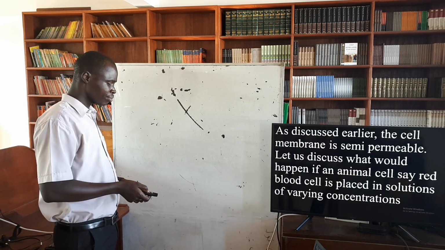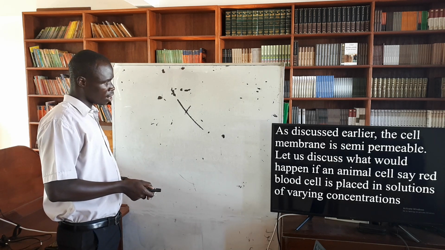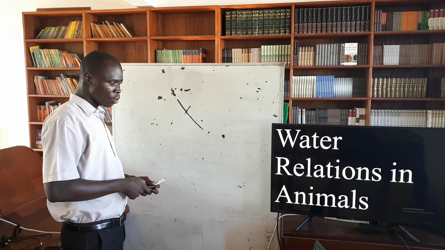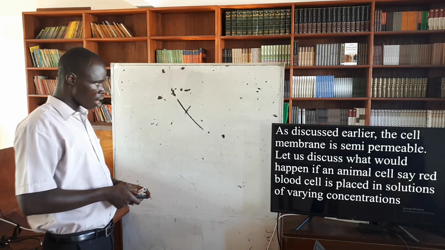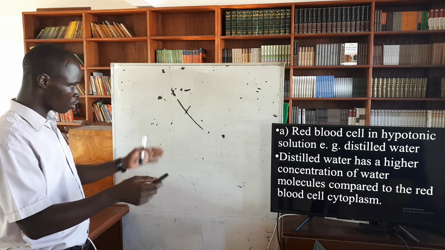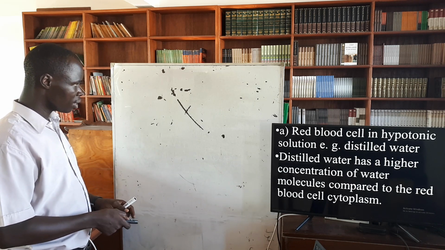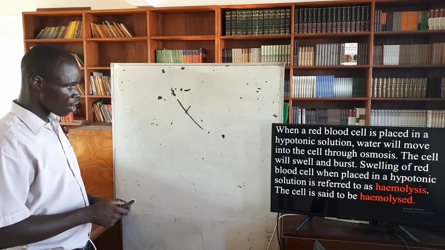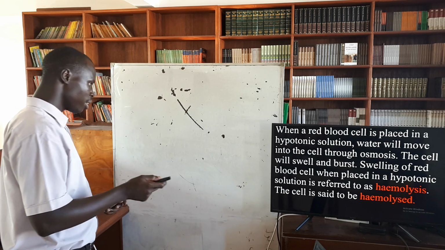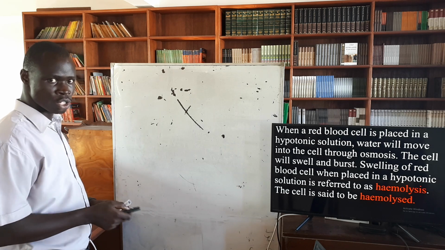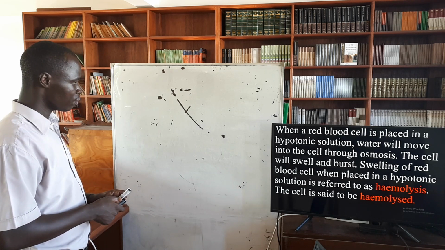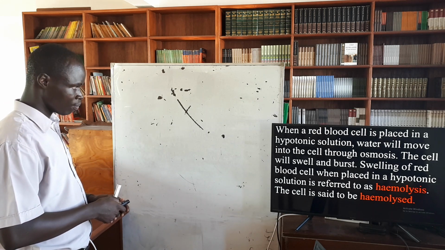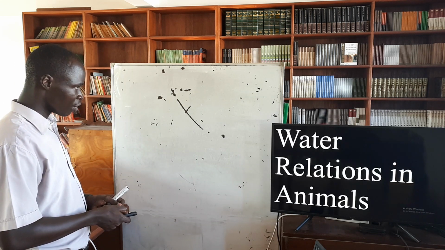I think we are going to stop there because I need time to discuss urination and hemolysis. If I begin now, I might leave it hanging, so that when I come back the explanation will be hanging. So let us just leave it from here.